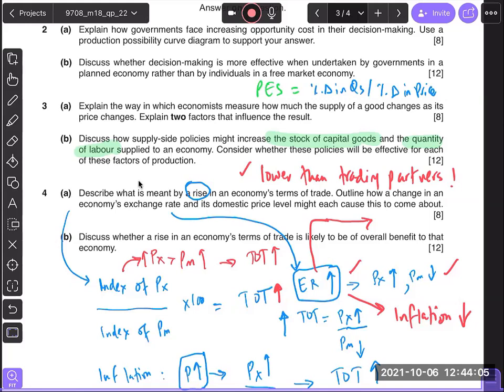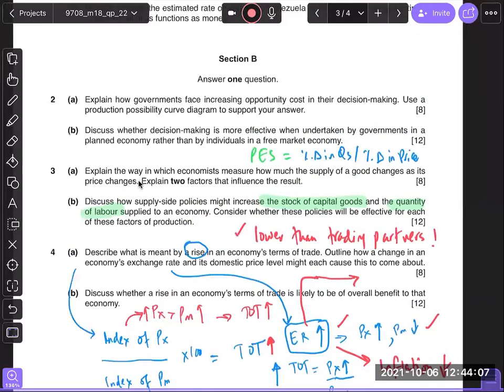Okay, guys, let's go to number 2. Explain how government face increasing opportunity costs in their decision making. Use the PPC to support your diagram. So opportunity cost is the next best alternative forgone. We'll write that. Government facing various kinds of opportunity costs.